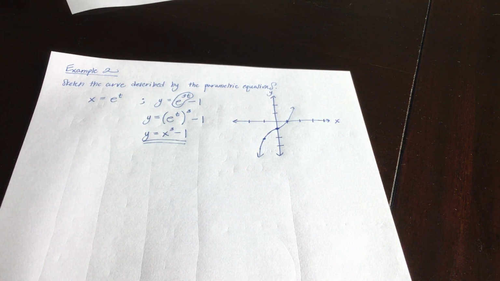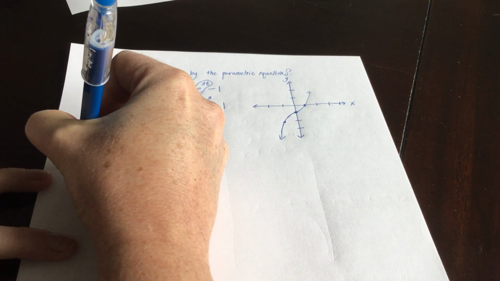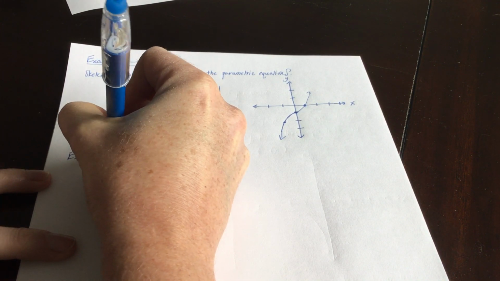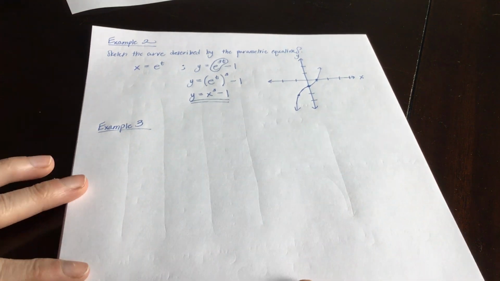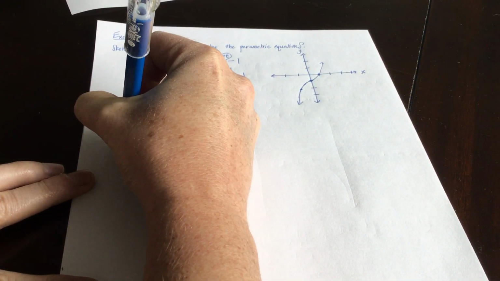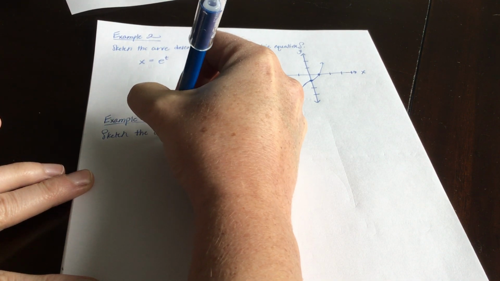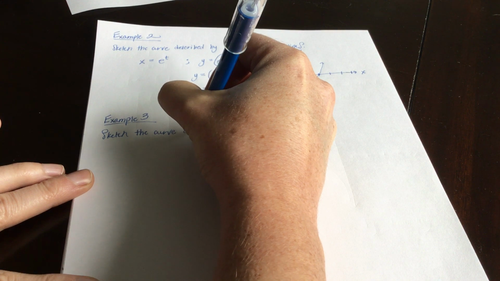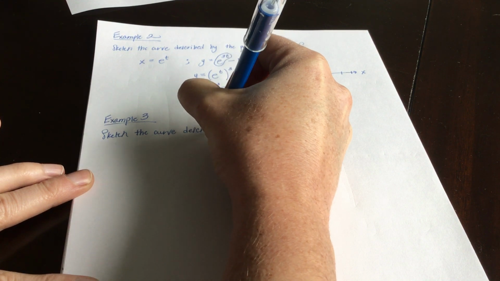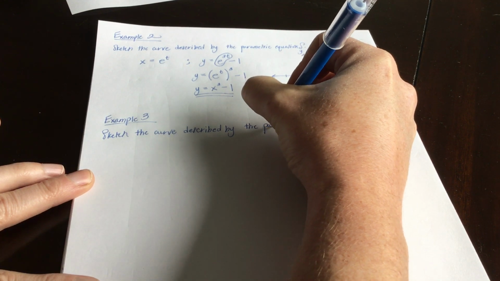There you go. Okay, one last example, and this example is dedicated to kind of the weird ones that'll come up every once in a while. So example 3, the directions are for you to sketch the curve described by the parametric equations.